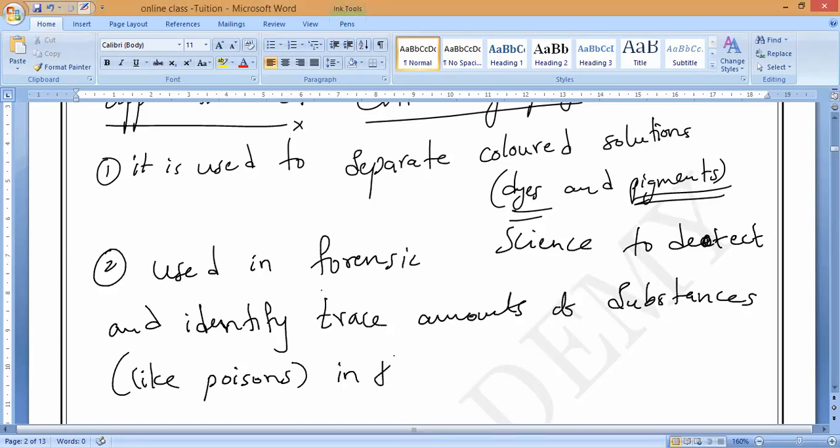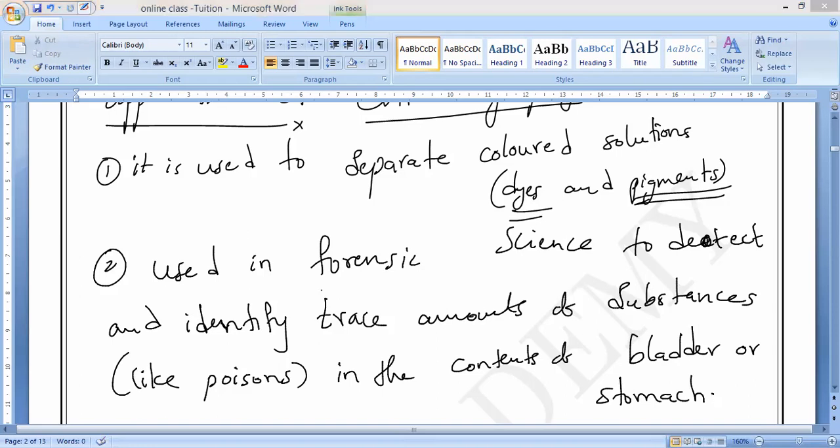Postmortem, we can say. Understand, guys? Contents of bladder or stomach.